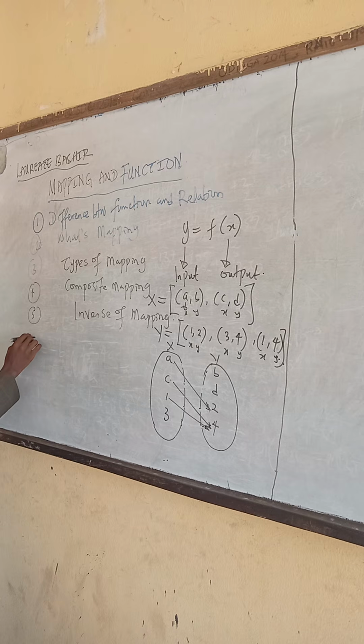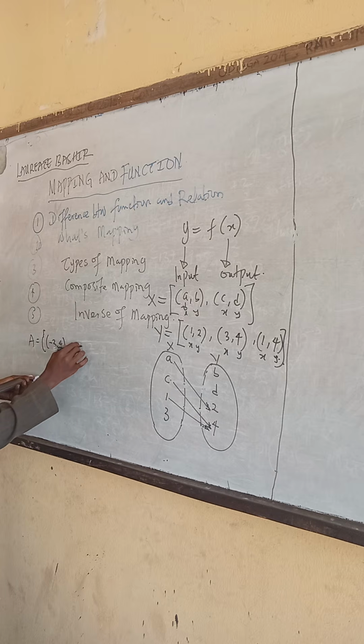We are having set A. We are having minus 3, comma 4, minus 3, comma 4. We have 0, comma 5, and we are having 2, comma 1.